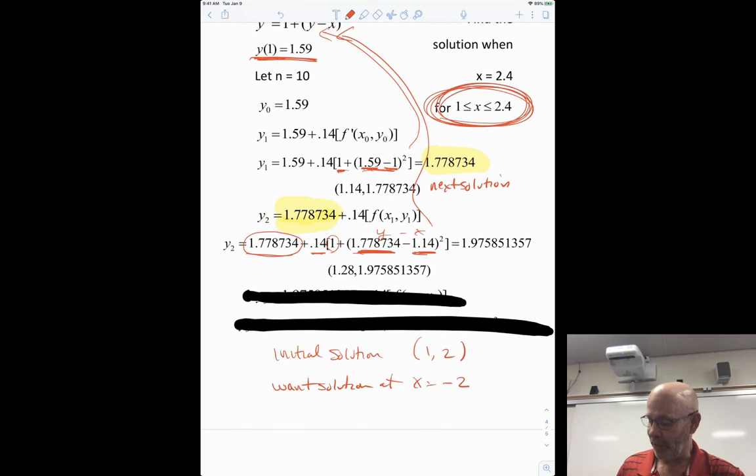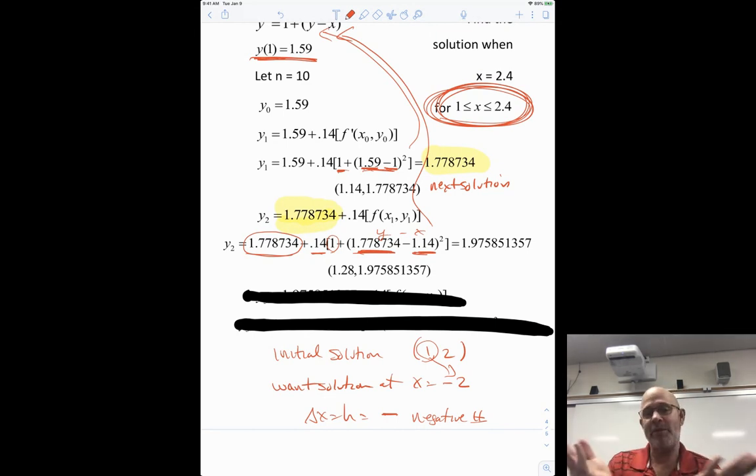But now I'm going from 1 to -2. That means my delta x or my h is a negative number, okay? Really, really important. Otherwise, it's just not right. So if you're moving to the left, your h or your delta x needs to be a negative number.